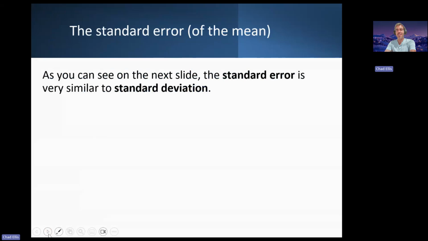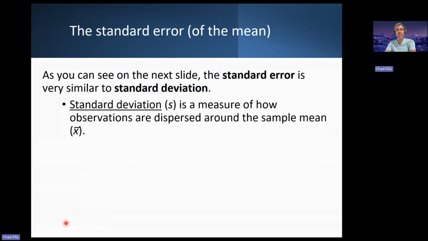So the standard error, you might be wondering about the term standard, why is it called standard error? Well, it's very similar to the standard deviation, right? Remember we looked at Z values and how standard deviations can be normally distributed around a mean. Standard deviation is a measure of how far the observations are dispersed away from our central tendency, our X bar, our sample mean.